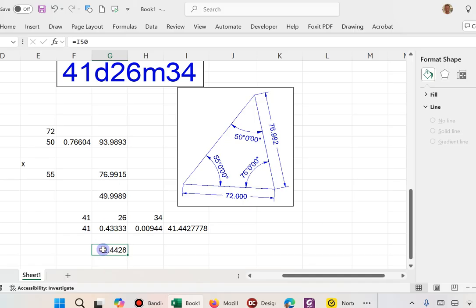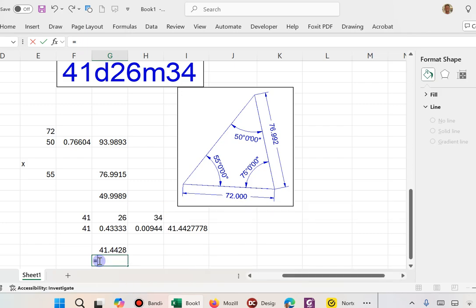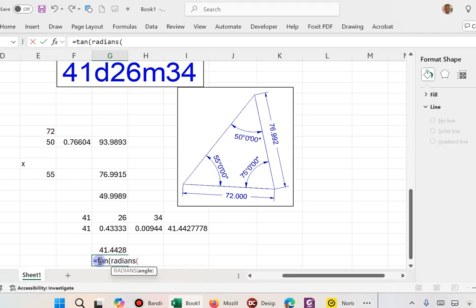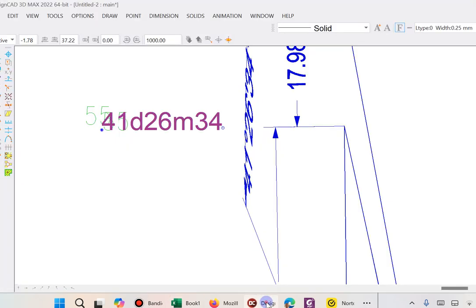So you're going to go equals tangent, radians, of this 41 close, times the distance, which we already just had, 76.99, enter. Now that gives us 67.98.